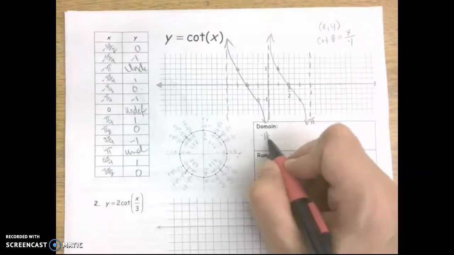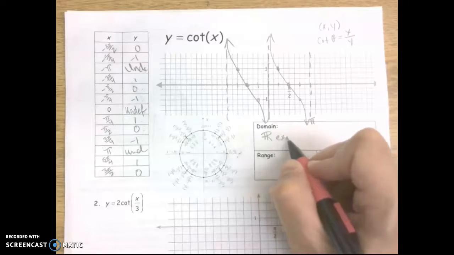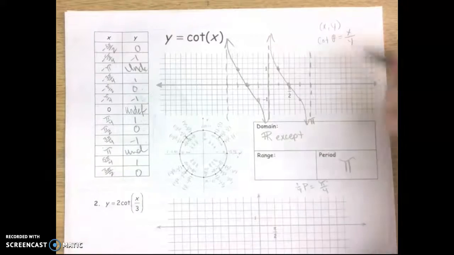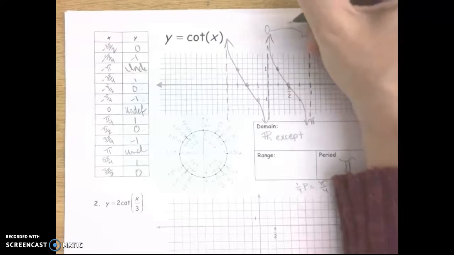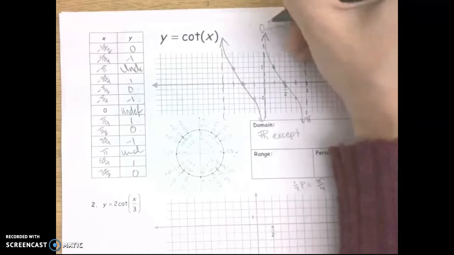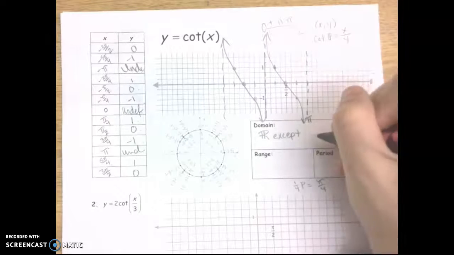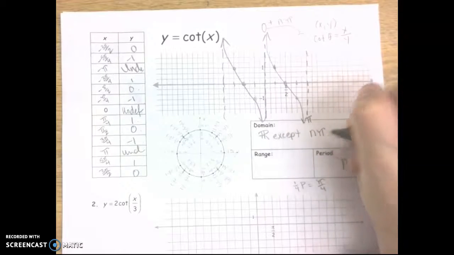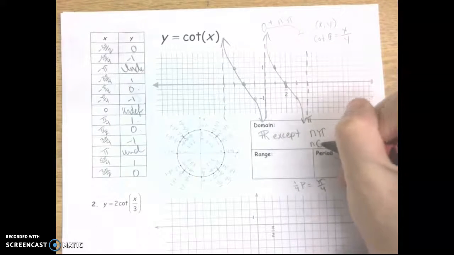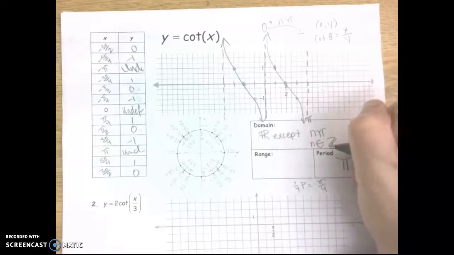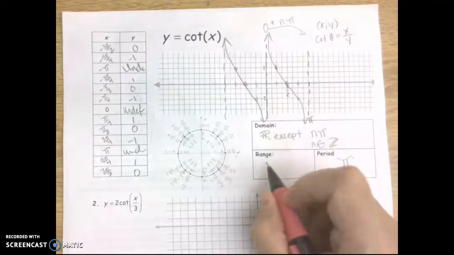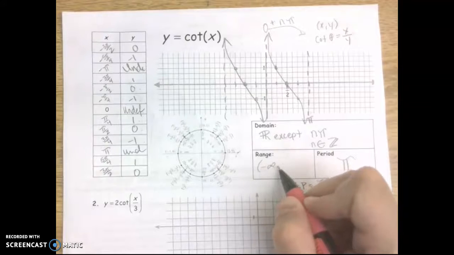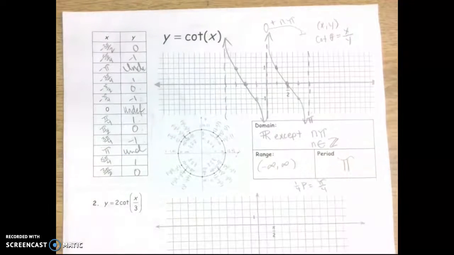Okay, my domain here is going to be all reals except my first asymptote is 0, and this is a distance of pi. So I don't have to put 0 plus n pi. I can just do n times pi such that n is an element of the integers. Okay, and my range will be negative infinity to positive infinity.